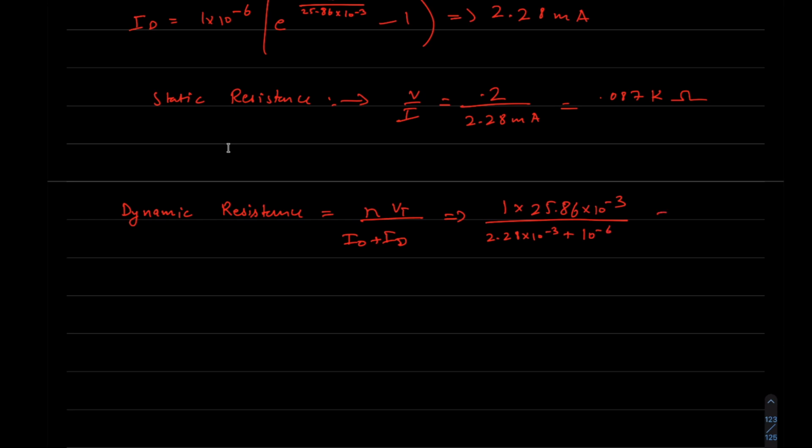When you compute this, you will get about 11.33 ohm. So static resistance for this diode is 0.087 kilo ohm if you use DC. So for DC current, we use static resistance. For AC current, we use dynamic resistance. If we use AC, we'll get a resistance of 11.33 ohm.